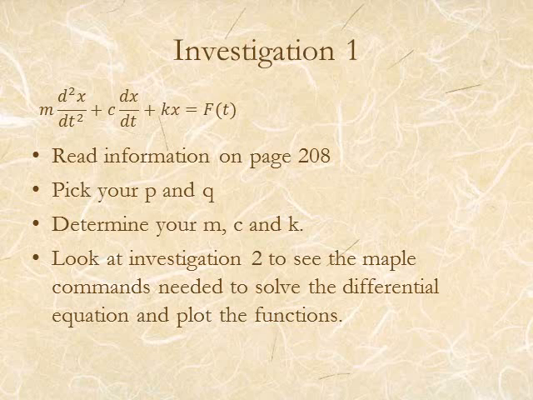I need you to read the information about the investigations on page 208. If you do that, you should be able to figure out how you can pick a value of P and Q. After you do that, you should be able to determine the values of M, C, and K for our differential equation.